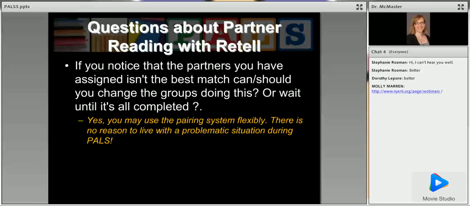There's really no reason to live with a situation that isn't successful for your students, because that might just make it not so fun for you and not so fun for the rest of the students. And then PALS won't be as productive. So definitely, if something isn't working out, please feel free to change it as soon as you think that's necessary.